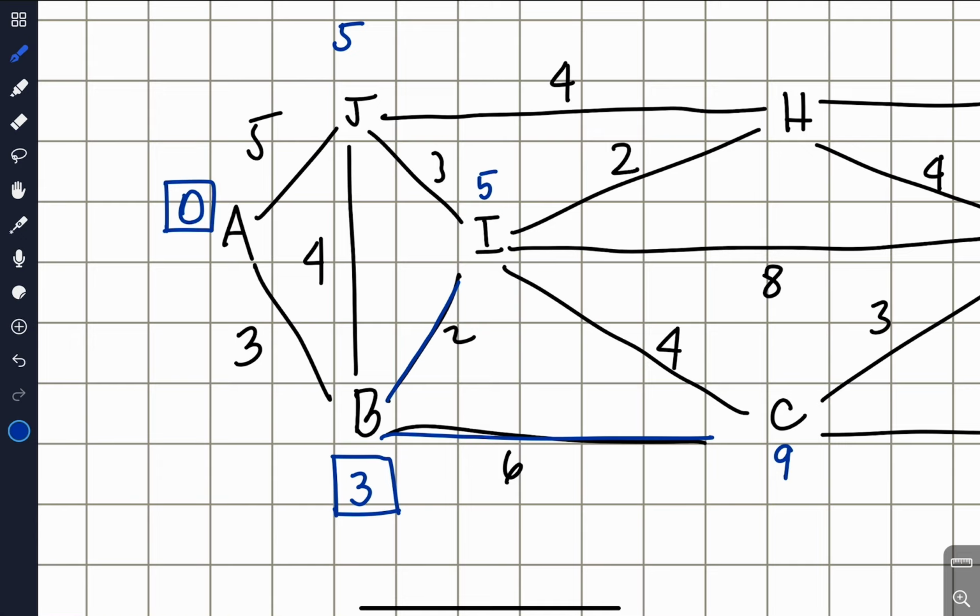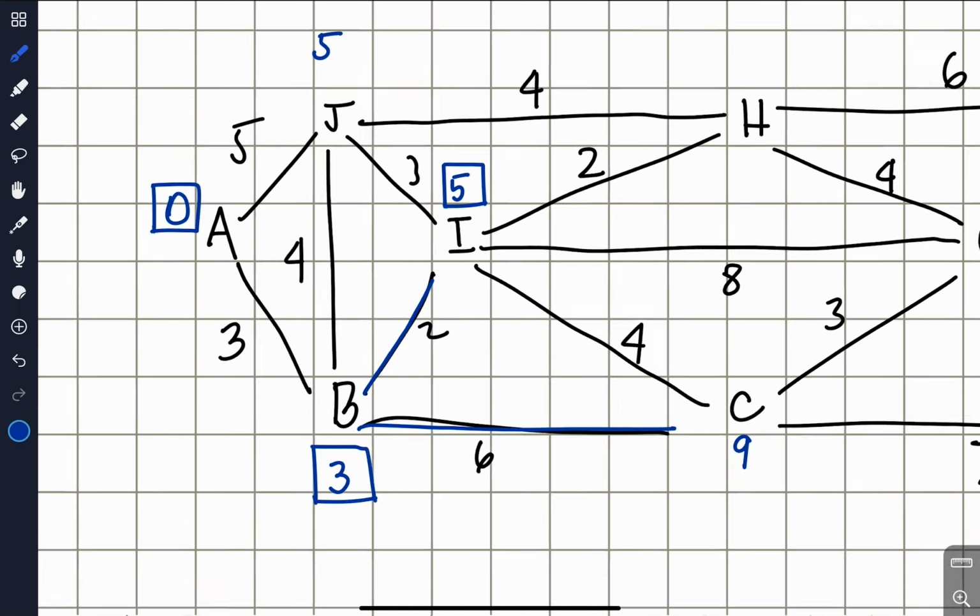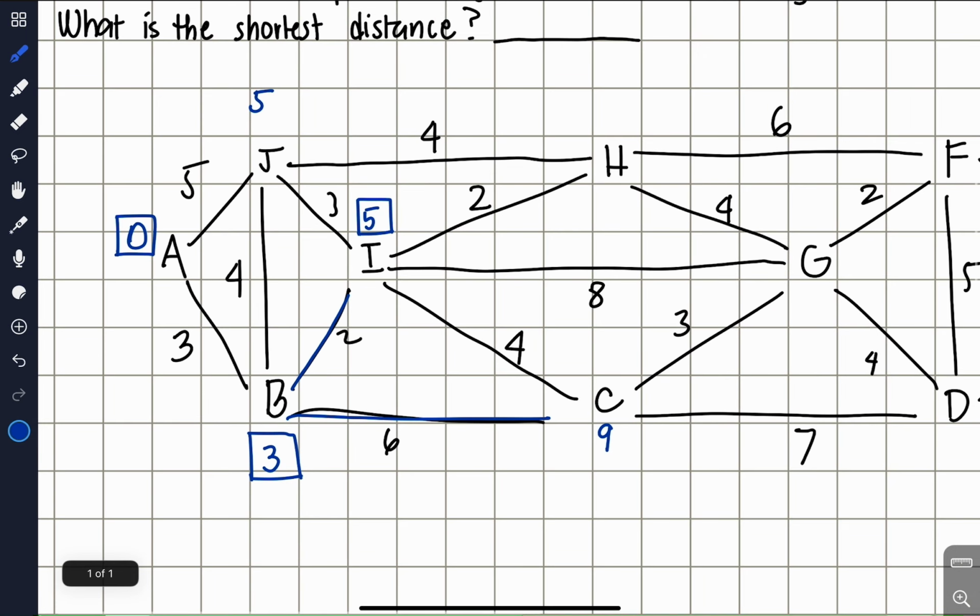So between 5 and 9, the smallest one is 5. As we go on, we just repeat from step 4, which is to box the smallest number until the destination vertex is boxed. As we go on with identifying each path, we just repeat the same step by identifying the smallest number among the considered distances.